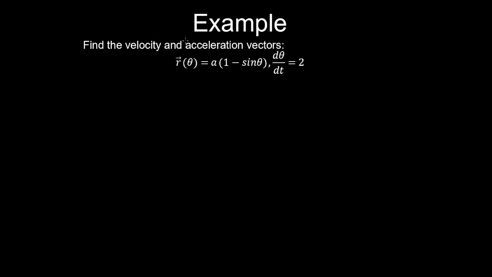Find the velocity and acceleration vectors given the position vector. So the velocity is the derivative of r, being the position vector, with respect to time. And given r is a function of theta, we'll use the chain rule, first differentiating with respect to theta, and multiplying by d theta dt, being the angular velocity.